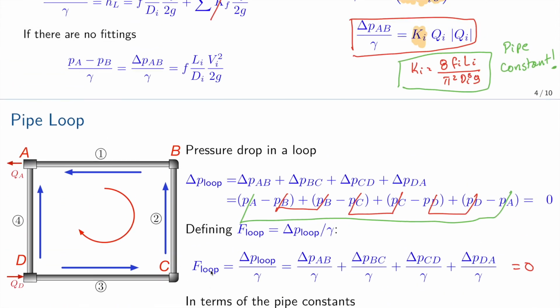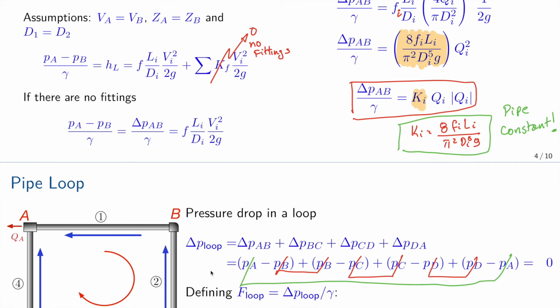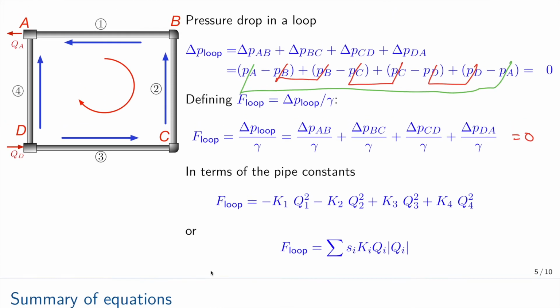Okay, so using this expression, delta P from A to B over gamma is equal to K multiplied by Qi squared, and this is Ki. Now when we move to the equations in Ki, we just have to take into account the direction of the flow.